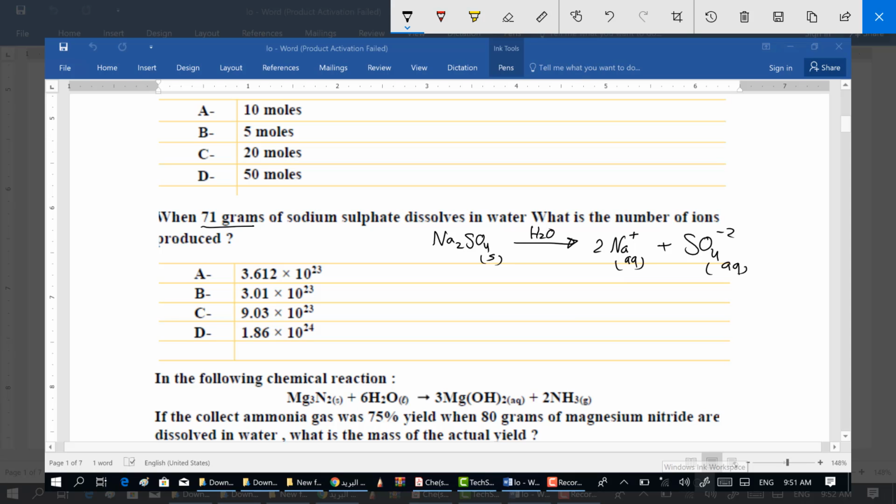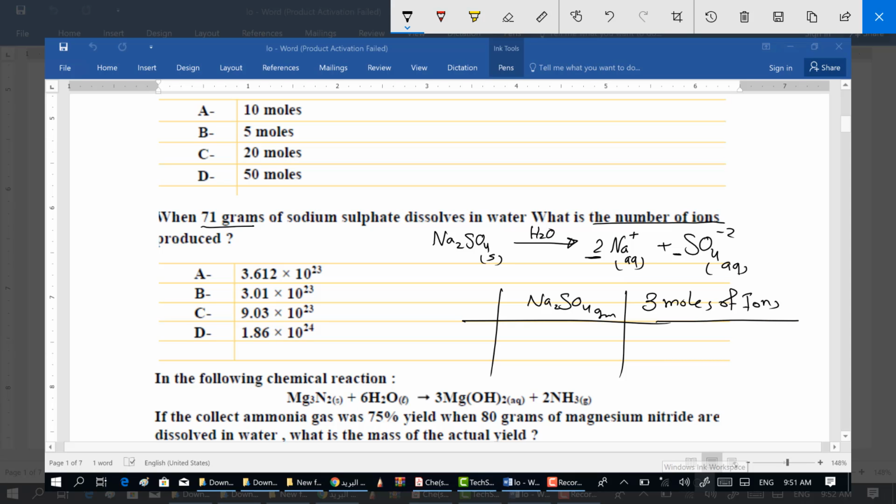In this case, 71 gram of sodium sulfate, Na2SO4 grams, in front of what is the number of ions. We do not determine sodium or sulfate, so we're taking the total number of ions, 2 moles from sodium and 1 mole from sulfate, so it's 3 moles of ions. So we'll deal with Avogadro's number.